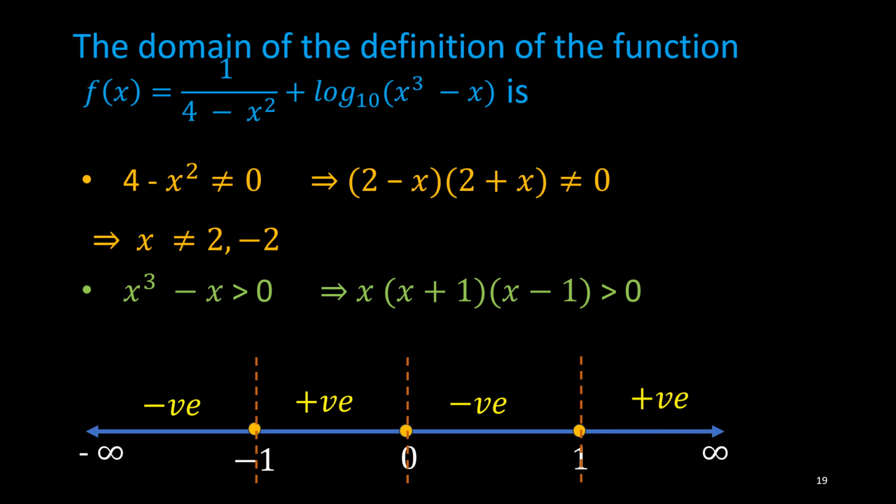Thus we will write in this form: x belongs to -1 to 0, and I will put the first bracket to show that these two terms are excluded, not included. If they are included, then I will put the third bracket, square bracket. Okay. So there is a difference between the square bracket and the first bracket, right?